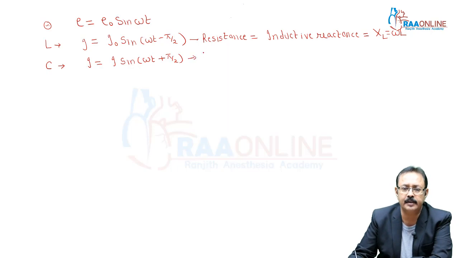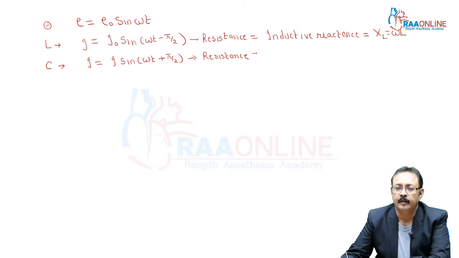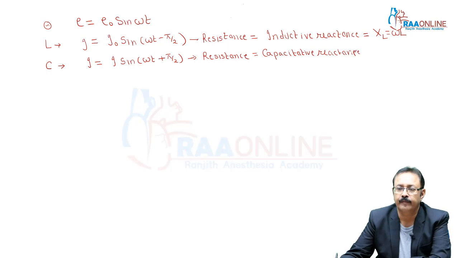In this case, the resistance is known as capacitive reactance, denoted by XC, which is equal to 1 upon omega C.